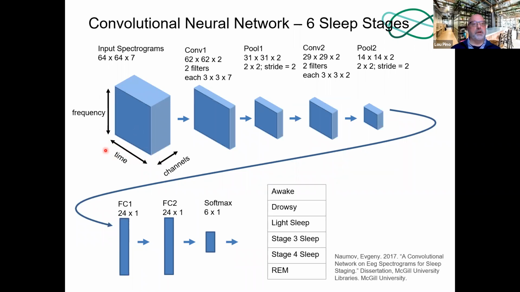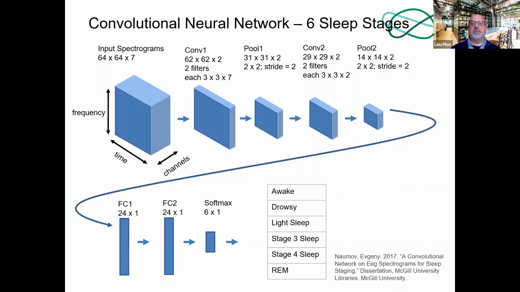We can see the inputs here: each spectrogram is one matrix of frequency and time, and then there are 7 spectrograms. The first stage of convolution and pooling are shown here, and we can see that there's a reduction in size from the input to the first layer of convolution, and then to pooling.